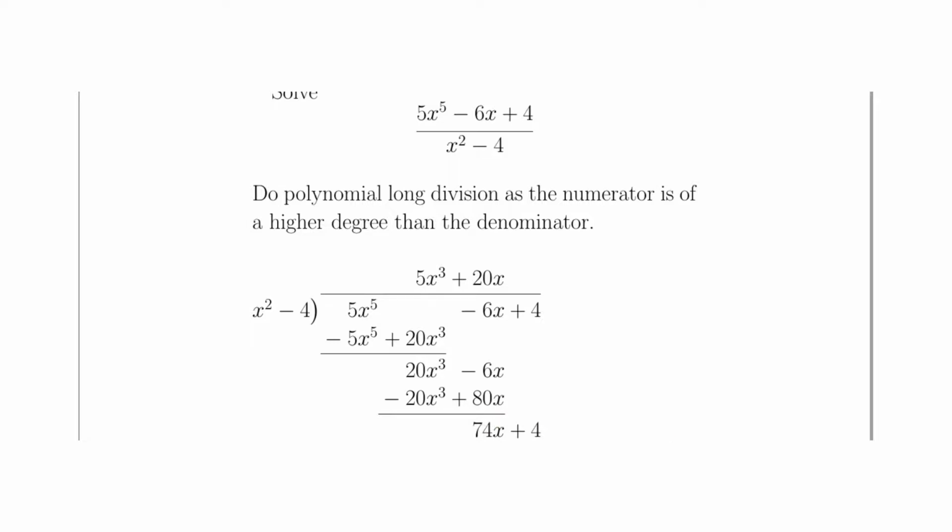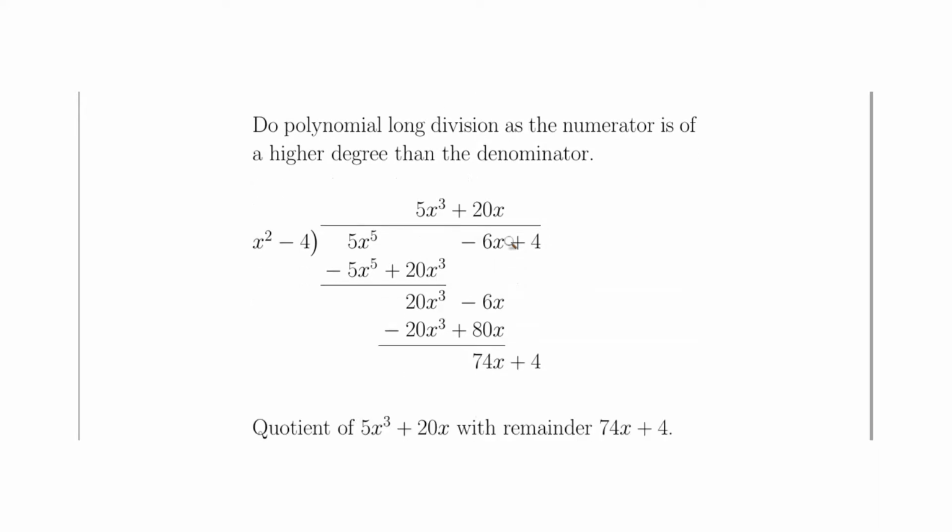So there we go. So our quotient is now 74x plus 4, bring the plus 4 down, so 74x plus 4. So now what we've got is 5x to the 5 minus 6x plus 4 divided by x squared minus 4 gives us 5x cubed plus 20x, and our remainder is 74x plus 4.